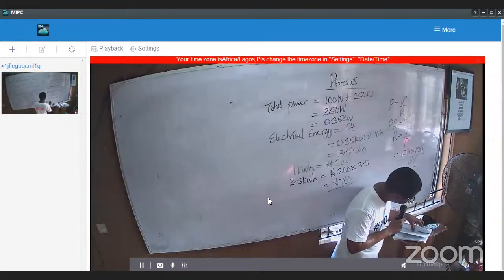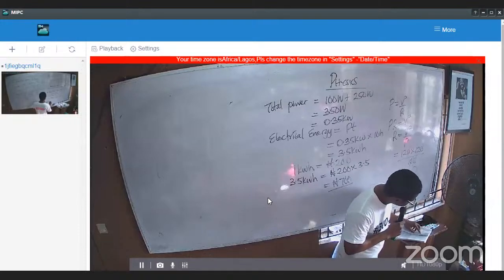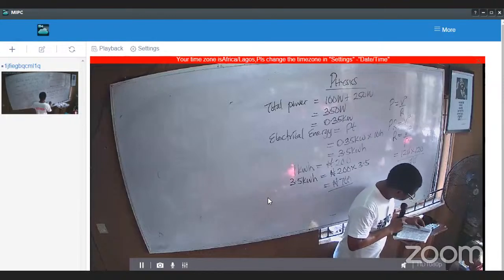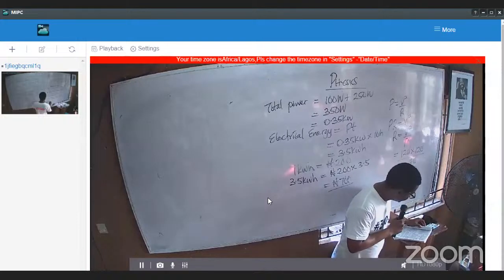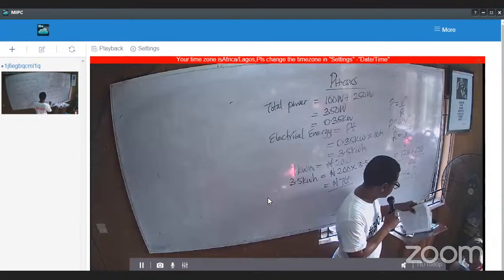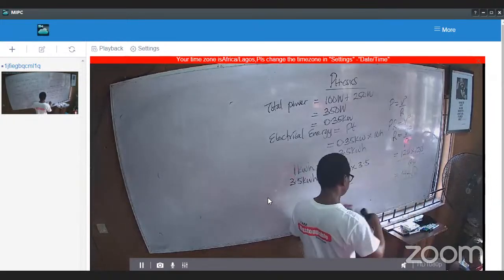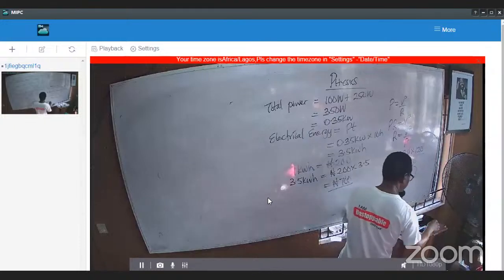Option C, it prevents electric shock. Then D, it allows sufficient current to flow.